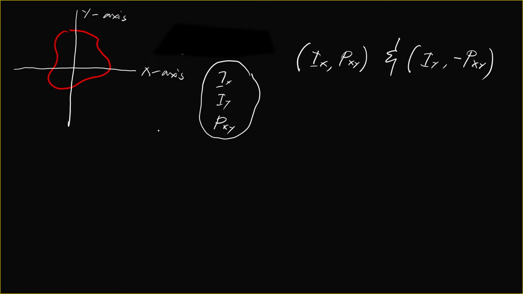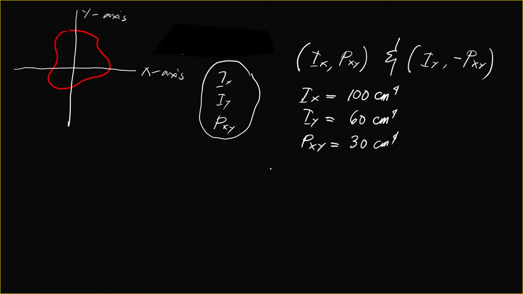So, for example, say the Ix is, for example, centimeter raised to 4, tapos say the Iy is, say, 60, for example. And say the Pxy naman is, say for example, 30 centimeter raised to 4.